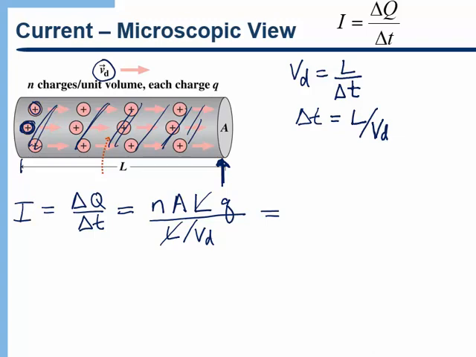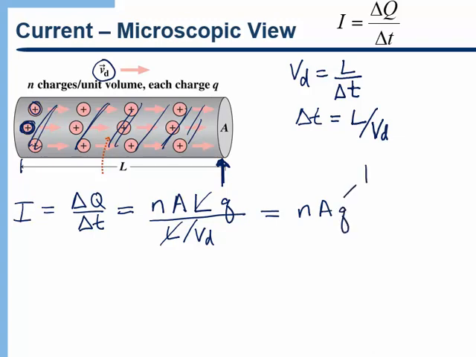And what we get is the current is related to the number of charges per volume, n. That's going to be different for different metals. So that depends on the metal, times the cross-sectional area of the wire, times how much charge each of our charge carriers has.